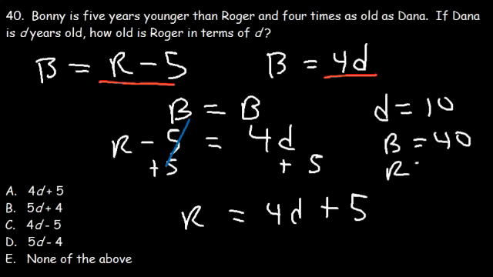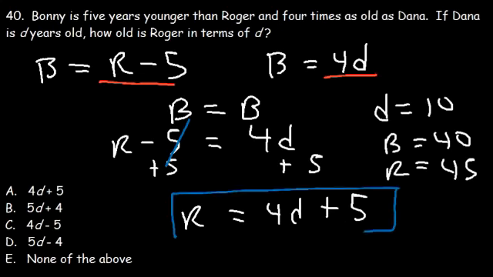And Roger is 4 times Dana's age plus 5, so 40 plus 5, Roger's 45, and he's 5 years older than Bonnie, or Bonnie is 5 years younger than Roger. So we can see how the numbers work out here. But the answer that we're looking for is how old Roger is in terms of D. So Roger is 4D plus 5. So therefore A is the right answer to this problem.